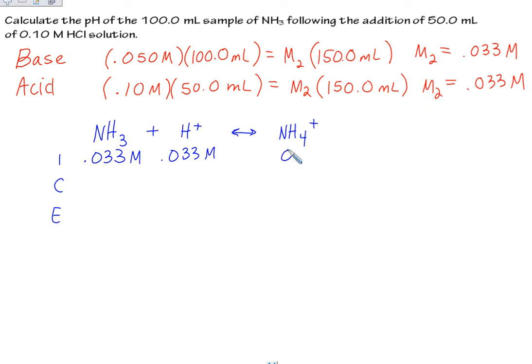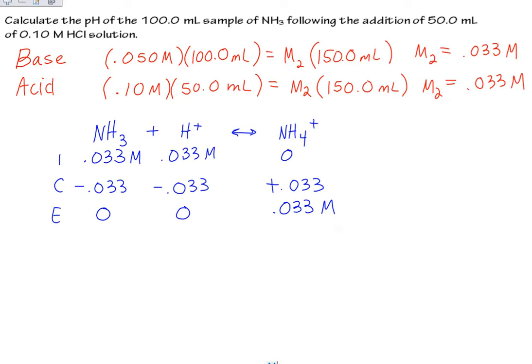And now, if it didn't slap you in the face before, it probably is slapping you in the face at this moment. We are at the equivalence point. We have equal amounts of acid and base. So if we react these as completely as possible, they're going down to 0.033 down to 0, but we're going to form some of this ammonium ion, 0.033 moles per liter.